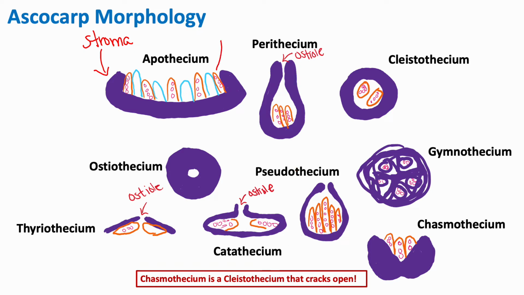So over here, this orange structure is an ascus, or it can also be called an asci. Now within the asci, these smaller circular structures are referred to as ascospores. So the ascospores are the spores that are going to be released into the environment.